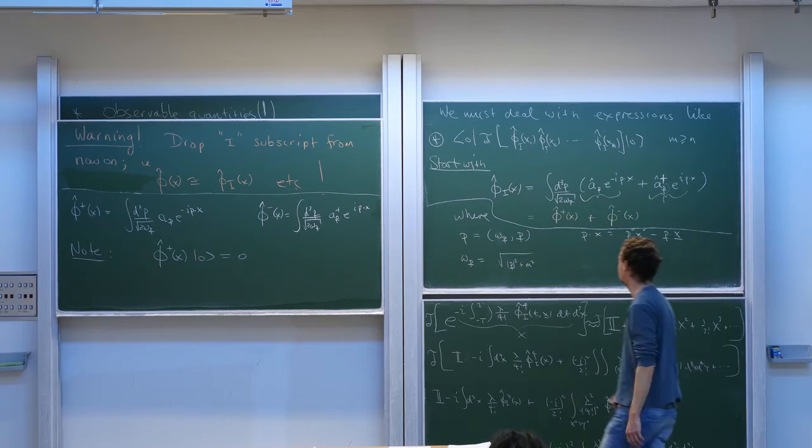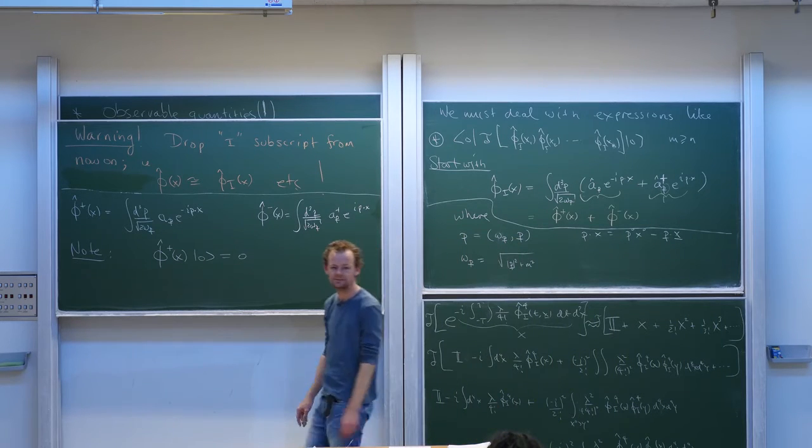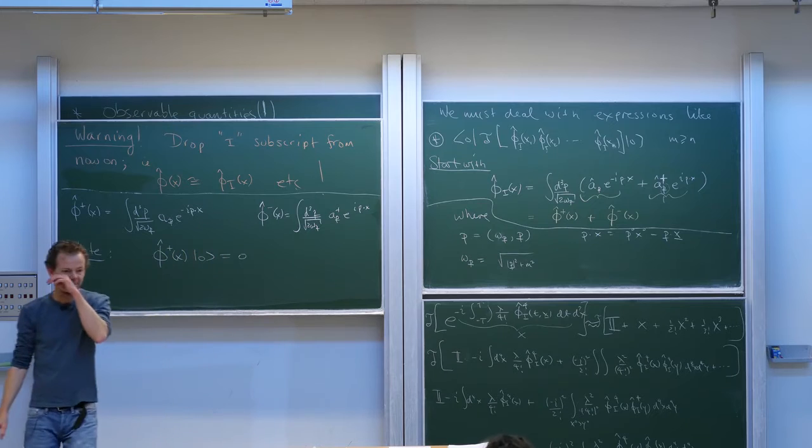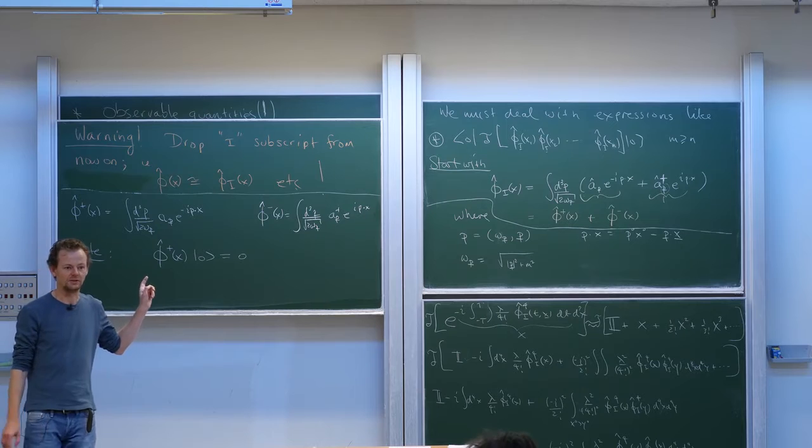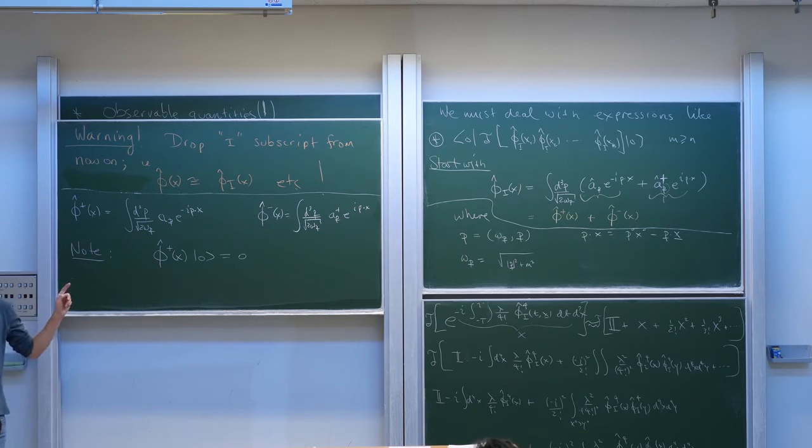But it's the notation we are stuck with. I'm afraid we have thousands and thousands of papers in the literature which use this notation, and it would just be a form of psychological warfare if I taught you a different notation, because then you wouldn't be able to read the papers anymore.